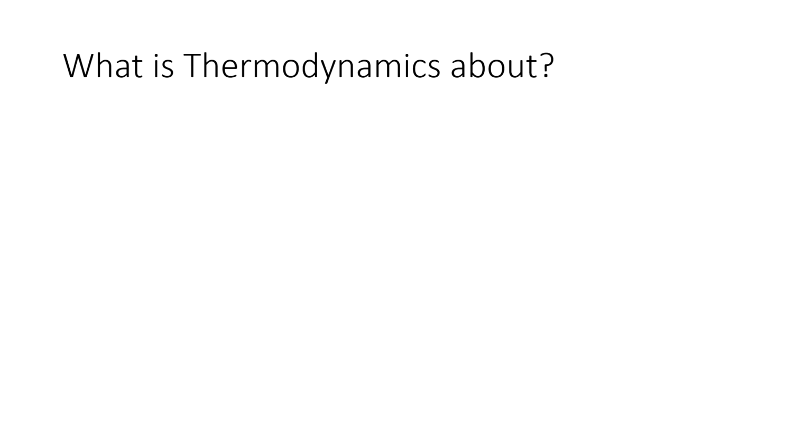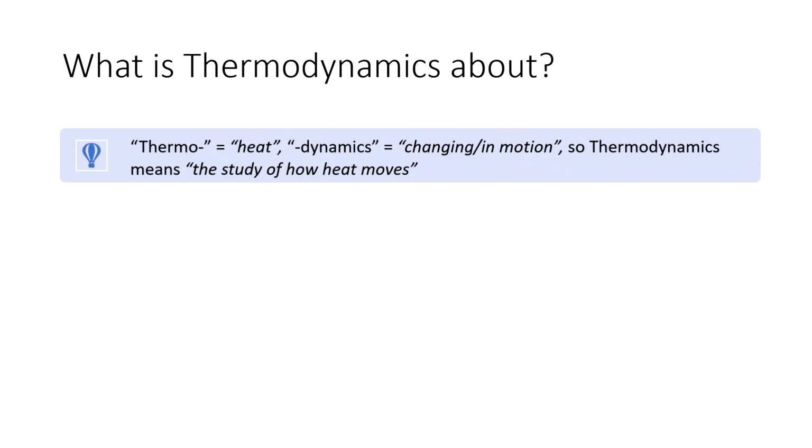So, an interesting history lesson to consider here, and yes, this is relevant to our topic material, is understanding what the entire study is about. And so, back in the day, there was this notion that heat was its own unique thing, so an entire field of study was built around it. The name thermodynamics means the study of how heat moves and changes.